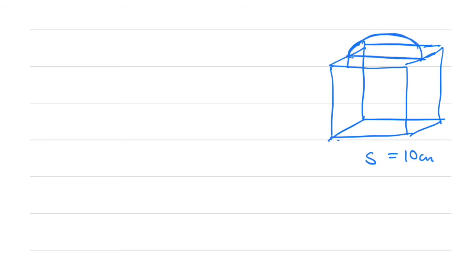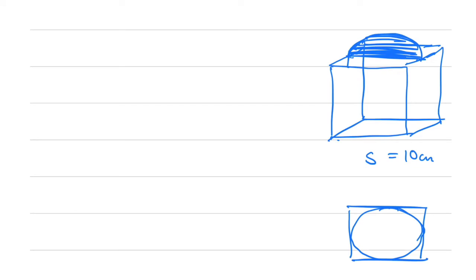In this question we are given a cubical block and side is equal to 10 centimeter and it is surmounted by a hemisphere. On the top we will have this kind of surface.